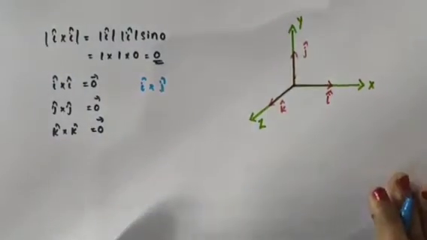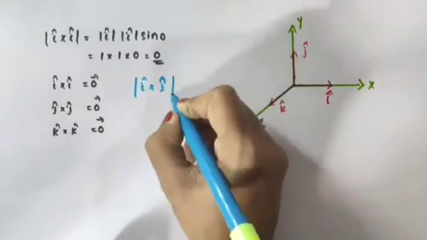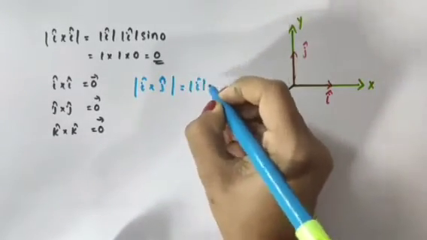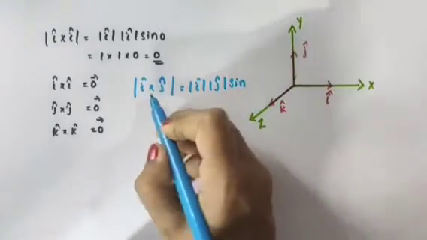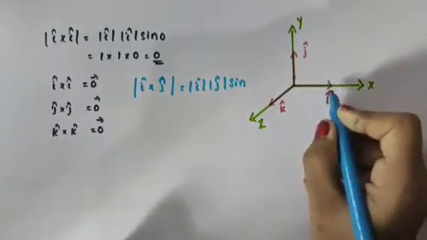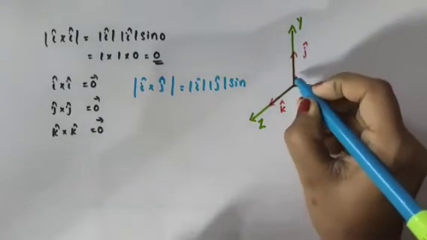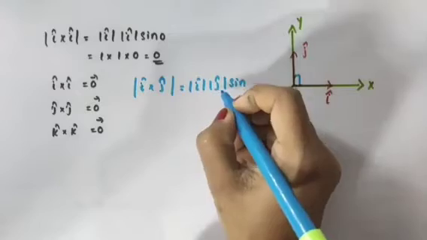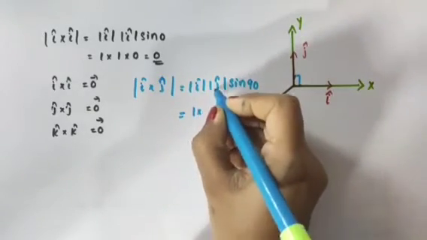Now what happens with I cross J? I cap cross J cap, with the magnitude, I'll write I cap J cap sine theta. Okay, what is the angle between these two? Let us check. That is nothing but 90 degrees. All three are mutually perpendicular to each other. So theta becomes 90. I is a unit vector, I'll write 1.